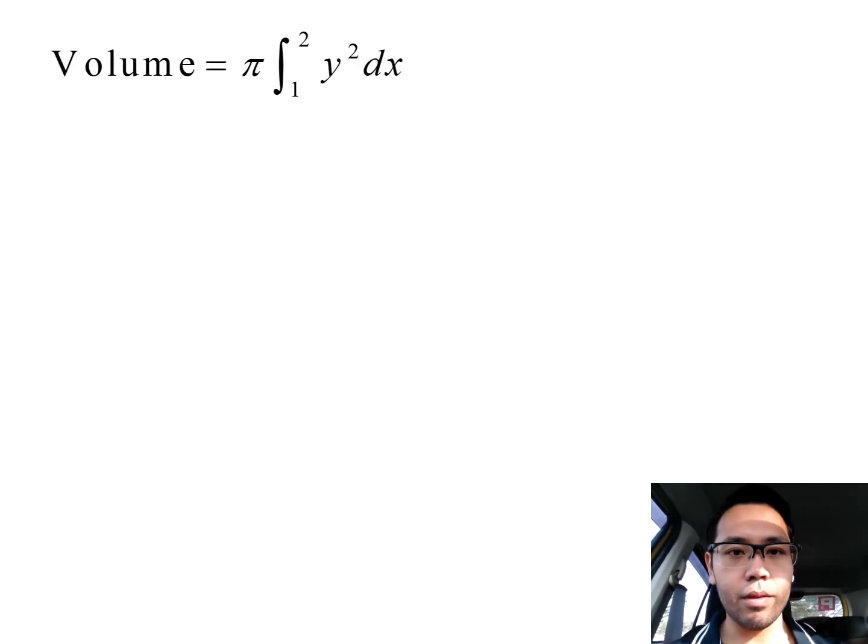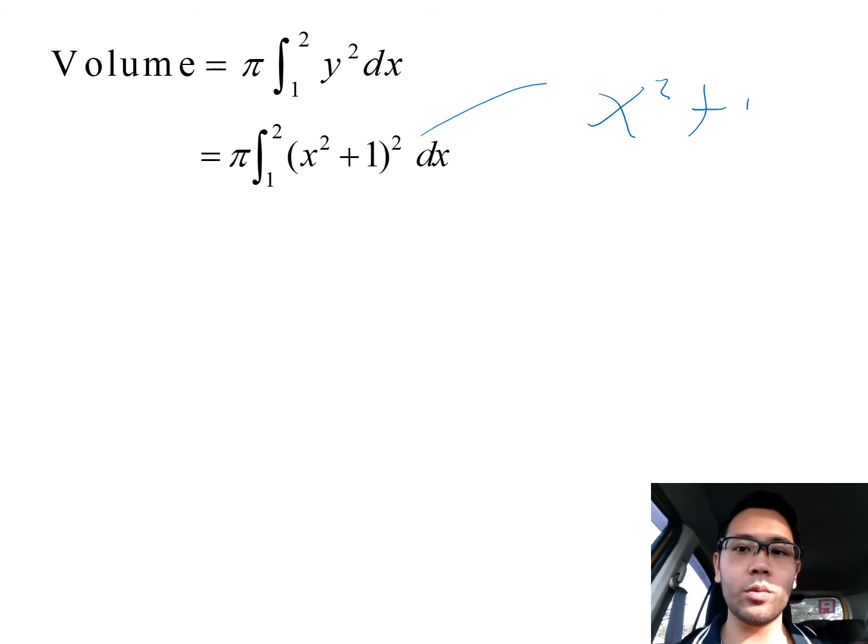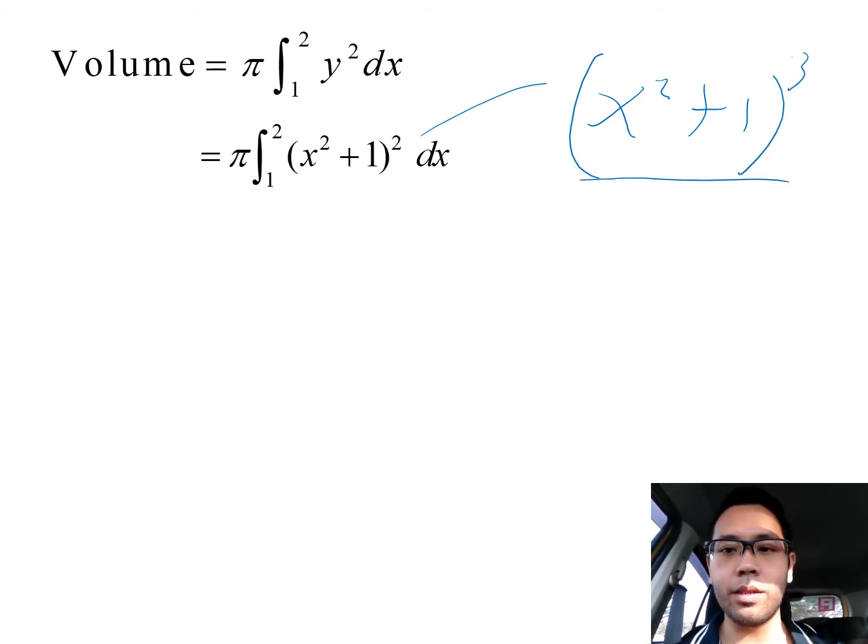So let's have a look. Okay, how should we integrate this one? Any suggestion? Integrating the bracket is not wrong if you want to do it this way: (x squared plus 1) cubed. Okay, Ahmad, you think this is right?